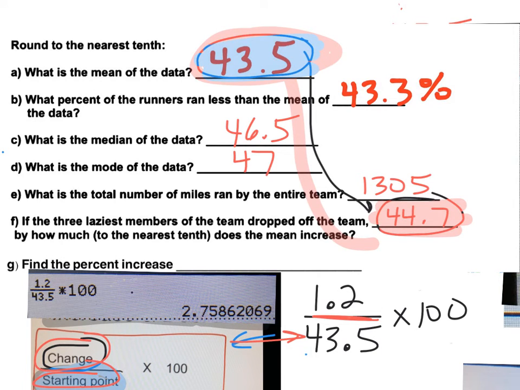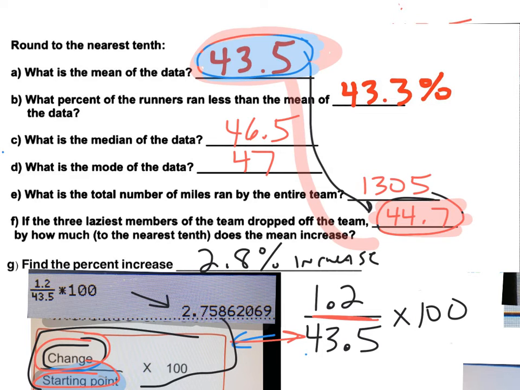So here you're going to get, to the nearest tenth, a 2.8% increase. So that's how we calculate the percent increase or decrease. We do the change over the starting point times 100.